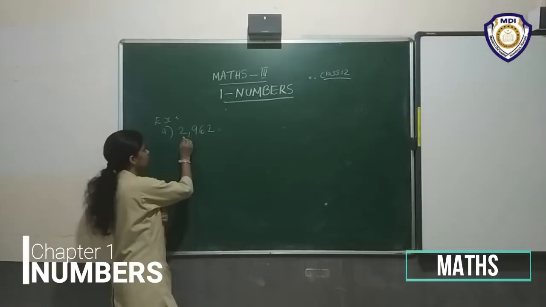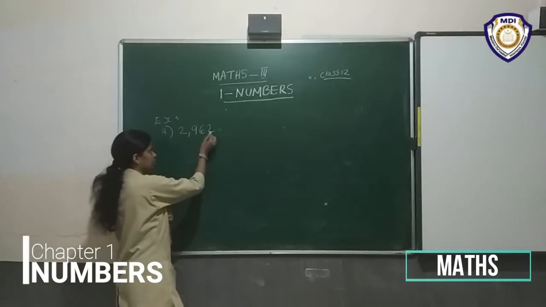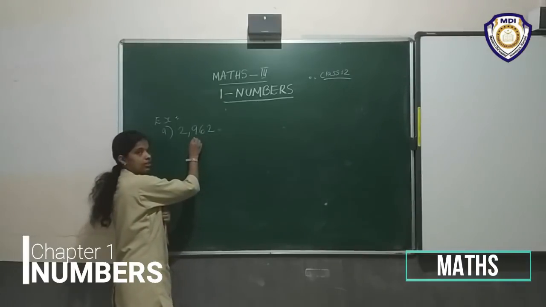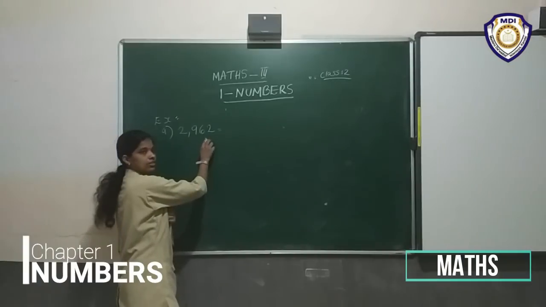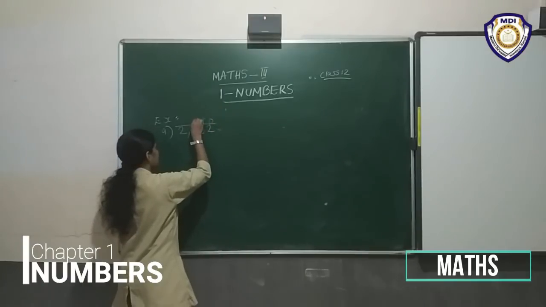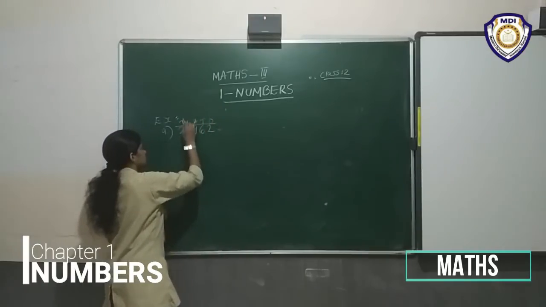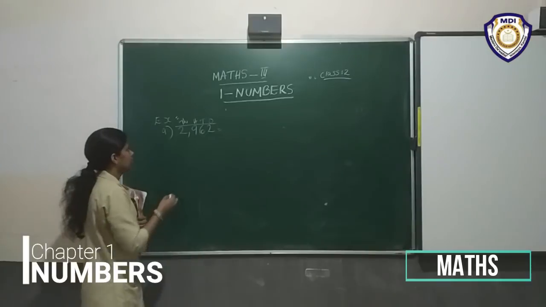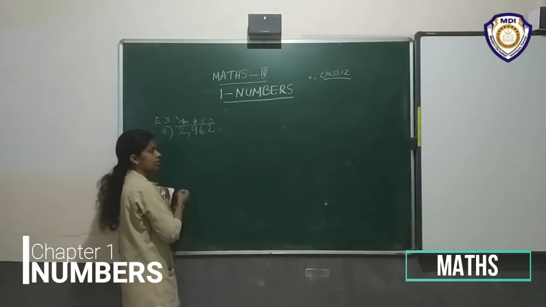You say 2,000 plus 900 plus 60 plus 2. Okay. Ones, tens, 100, 1,000. Write it.